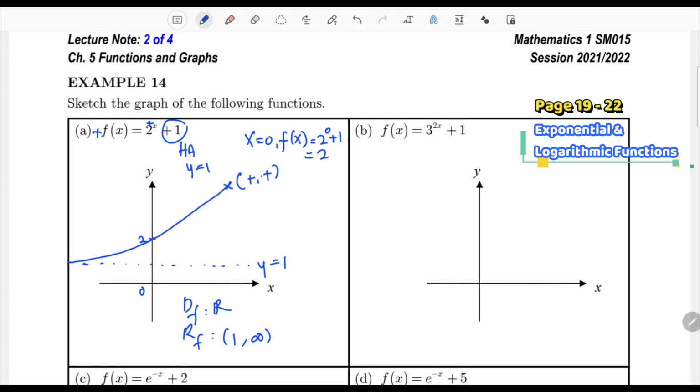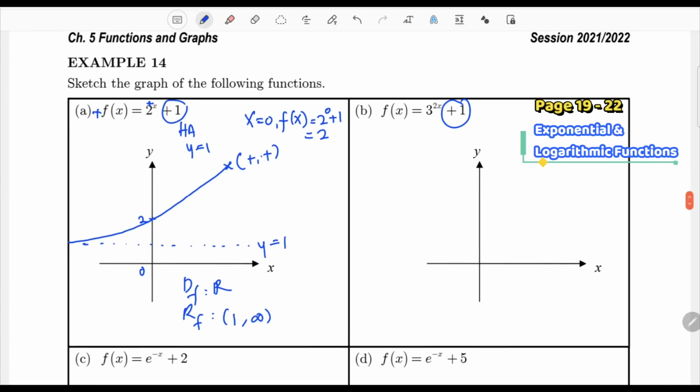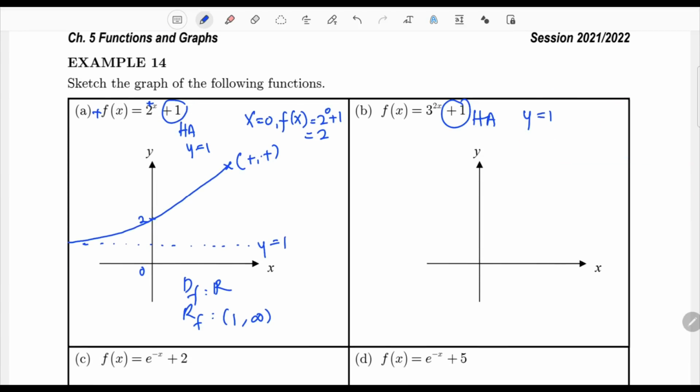Look at B. Same thing, you have the horizontal asymptote there, which is y equals 1. When x is 0, you get f(x) equal to 3 to the power of 0 plus 1, again you get 2. And then the point is plus, plus, this is positive, this is also positive.